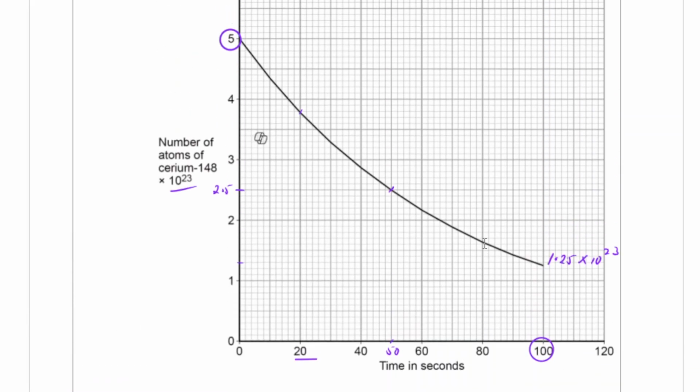At 20 seconds, if I draw a straight line going through that, a tangent, let me try it again in a different color. I slightly change the orientation for that.